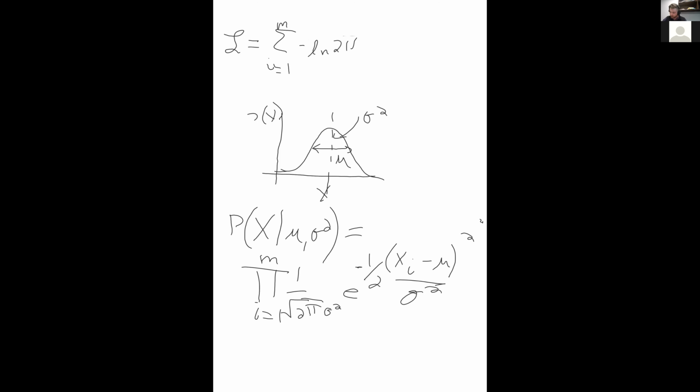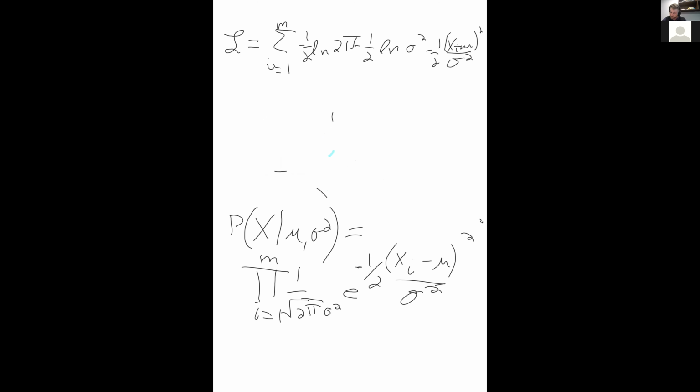And if we take the derivative of that with respect to the parameters, dL d mu, set it equal to 0, and then solve for mu, it ends up being pretty easy to do.